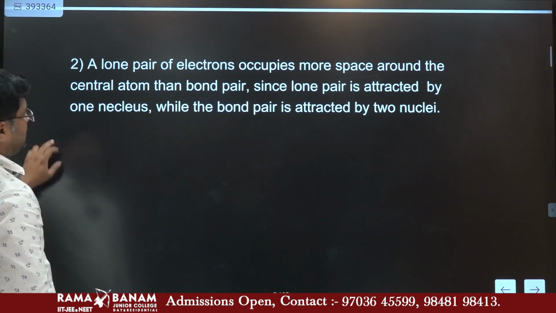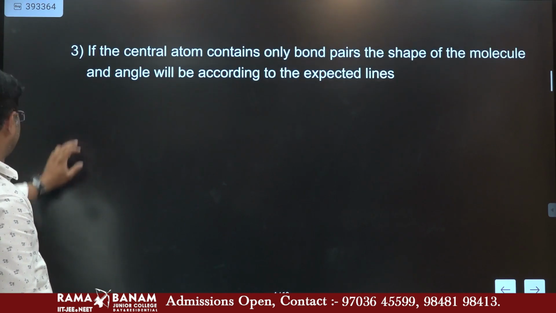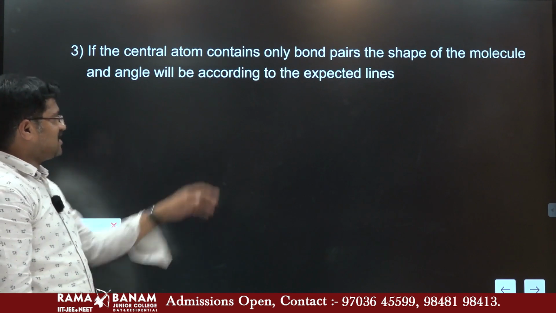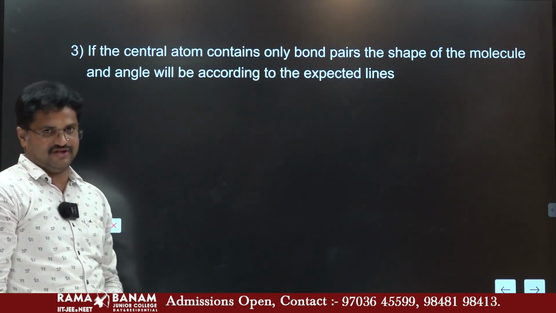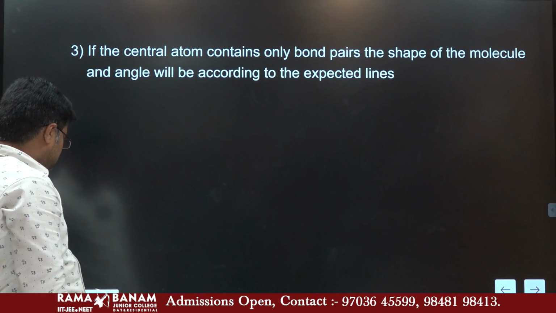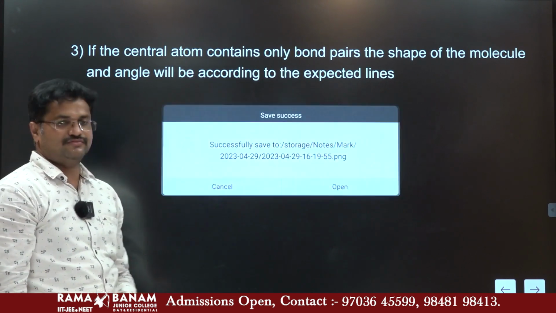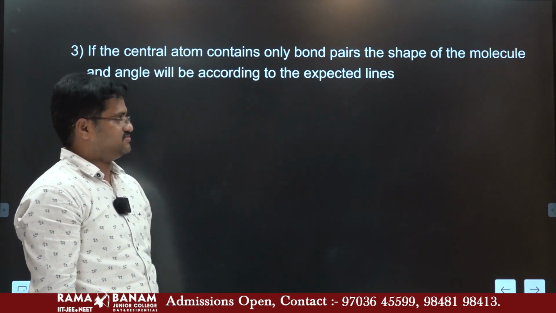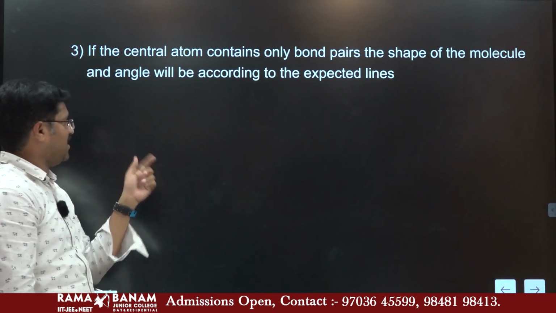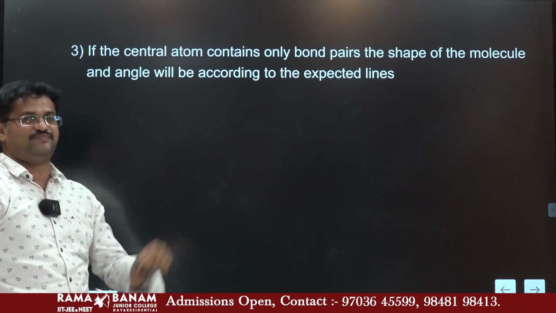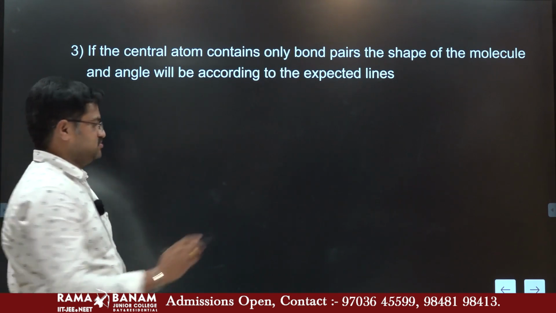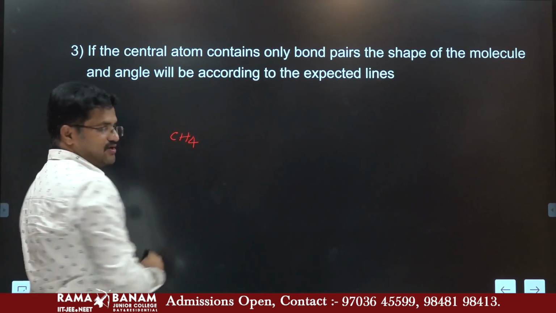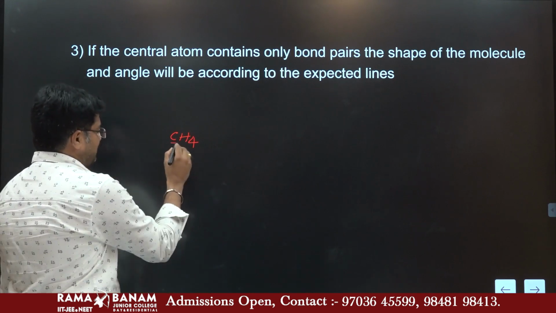And next, if the central atom contains only bond pairs, the shape of the molecule and the angle will be according to the expected lines. Suppose you take the methane molecule, where the carbon atom is the central atom.